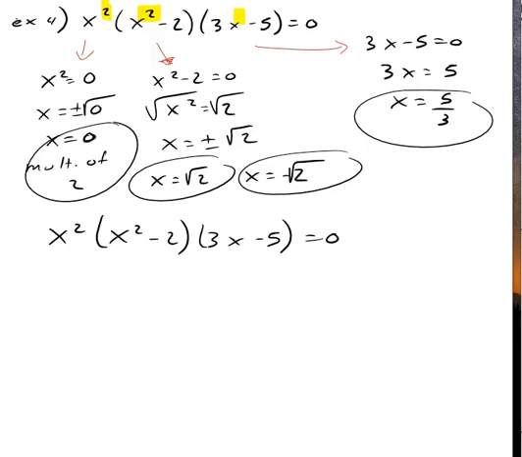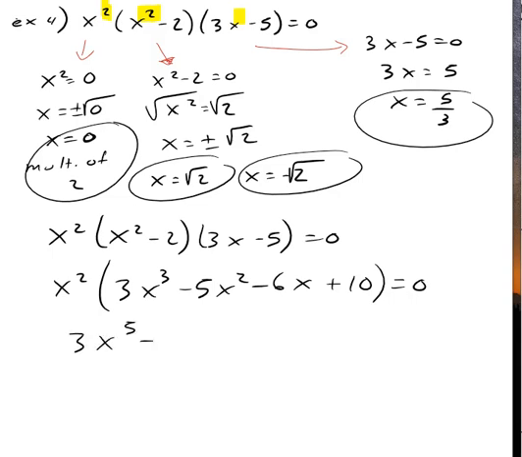If I do the binomial to the binomial first, I will get 3x cubed minus 5x squared minus 6x plus 10. Then multiply by x squared to all of them. 3x to the 5th minus 5x to the 4th minus 6x cubed plus 10x squared equals 0.